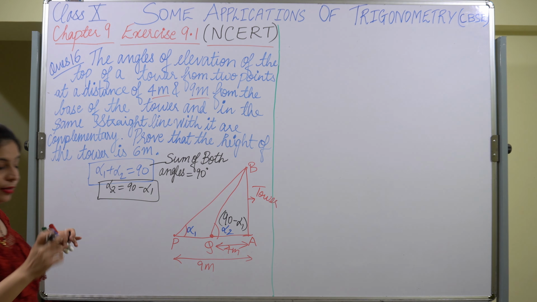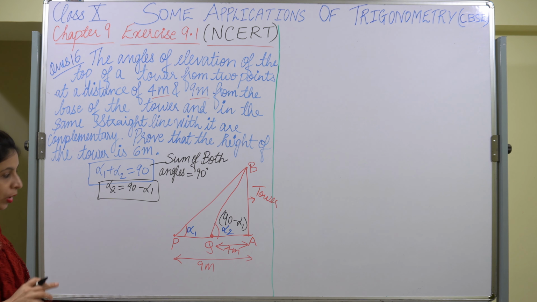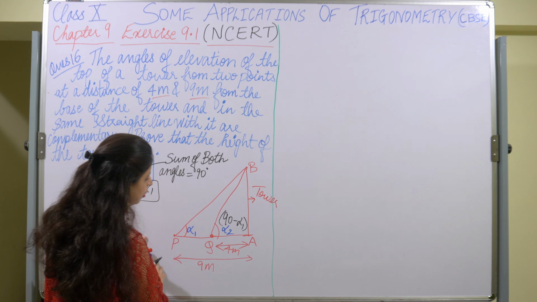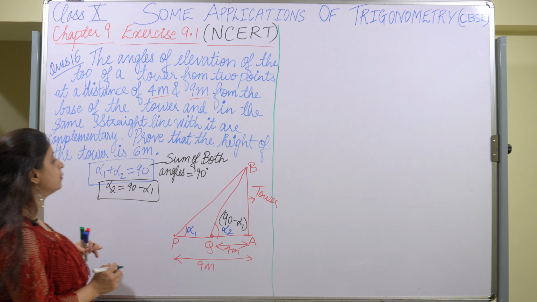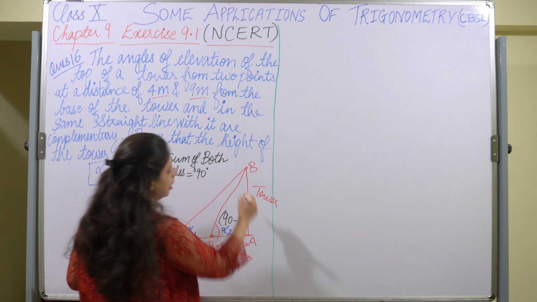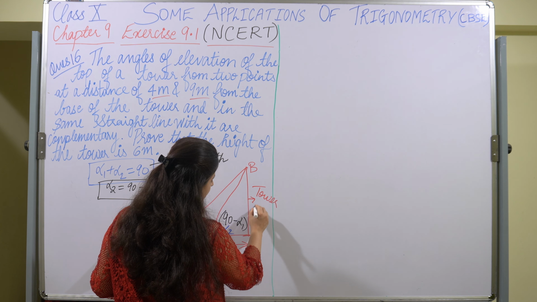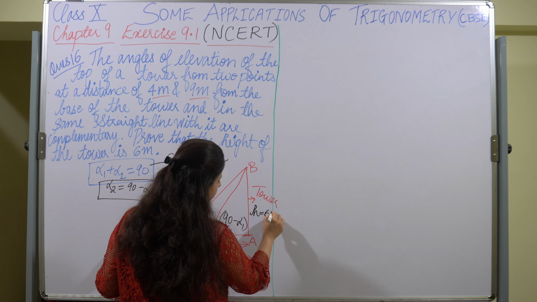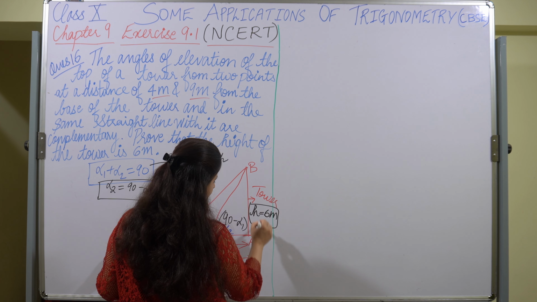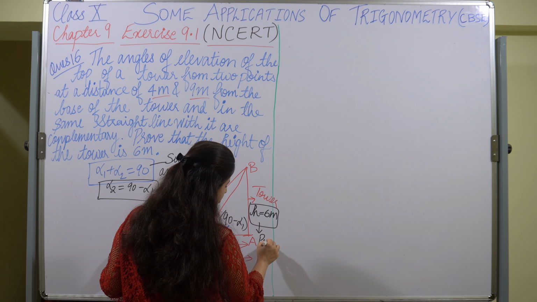Okay, that is the meaning of complementary. Okay. So this is the figure. We have drawn the figure and we have to prove that the height of the tower, this is AB, is H. This we have to prove is equal to 6 meters. This thing we need to prove.